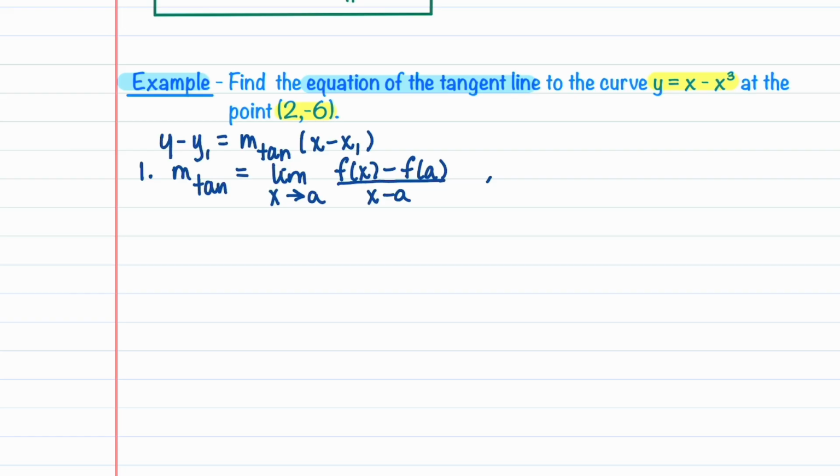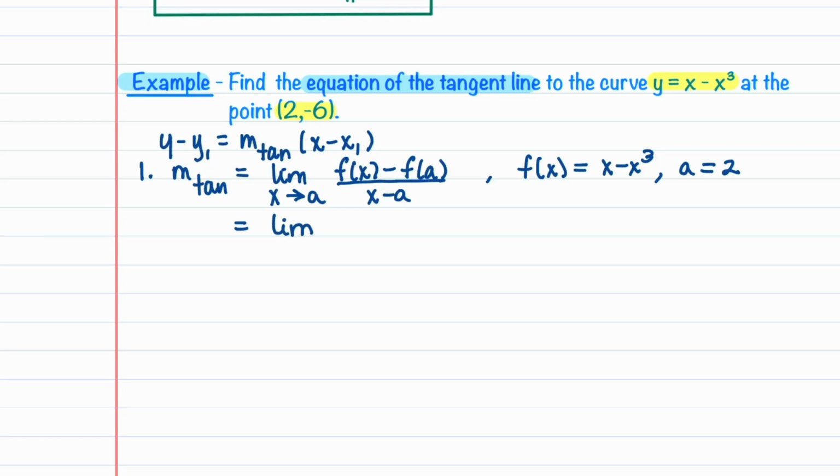We're going to be substituting in that f of x is x minus x cubed, and a is the x value of the point where we're finding the tangent line, and that is equal to 2. Let's go ahead and substitute this in.